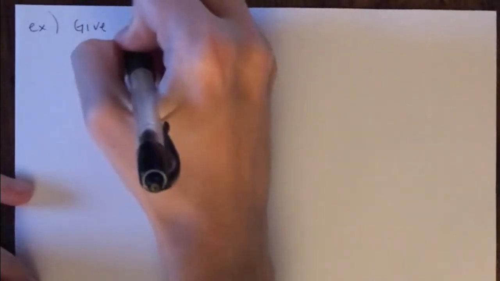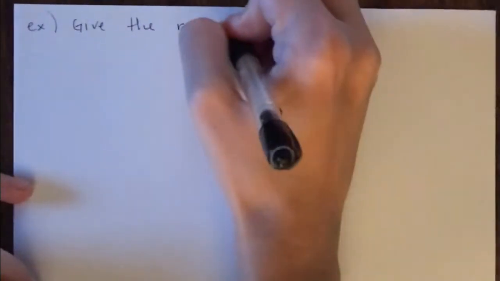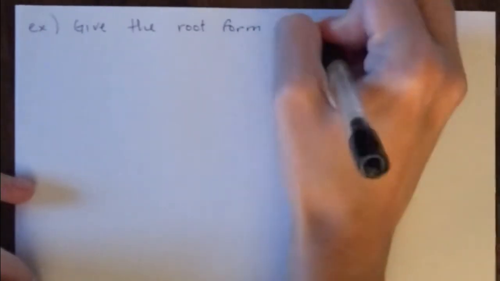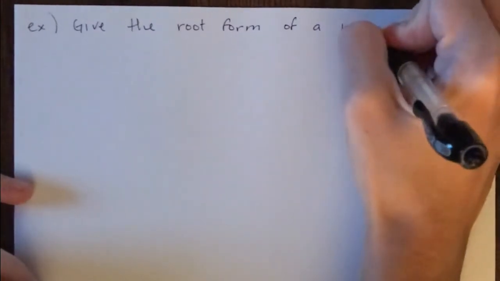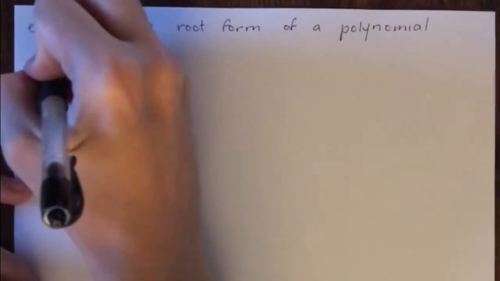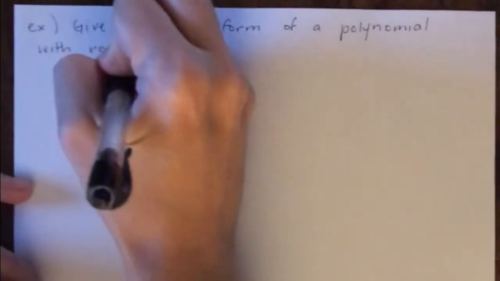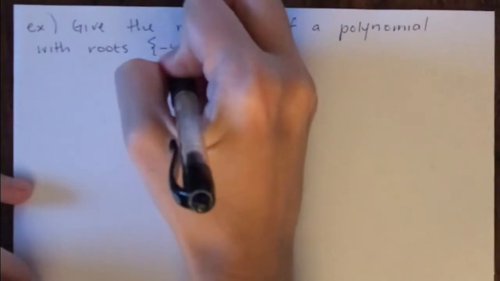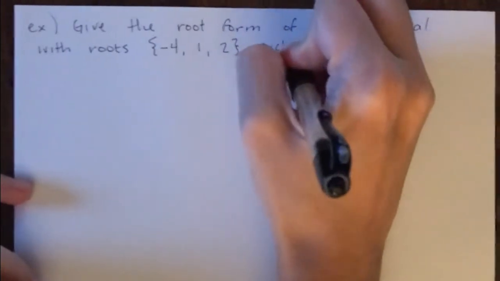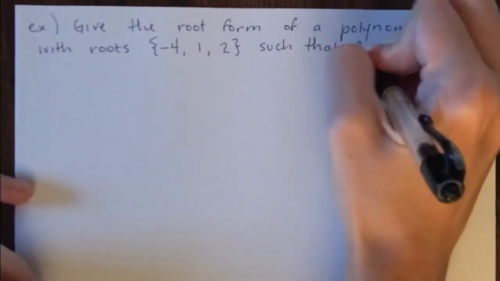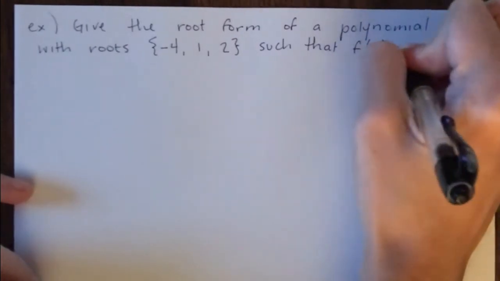All right, so let's look at a couple of examples with this. Give the root form of a polynomial with roots -4, 1, and 2, such that f of 0 equals 24.